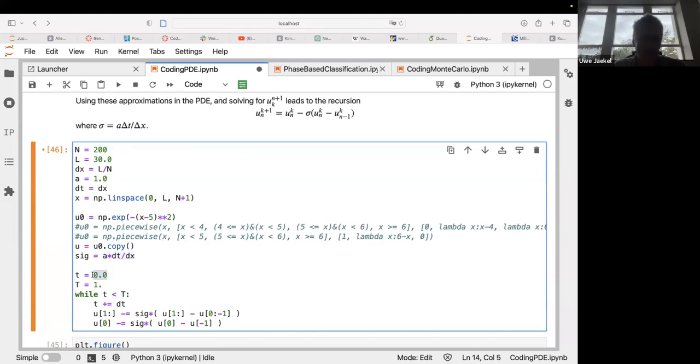We start at time 0, and this u0 is the initial condition. So we start with the peak at position 5. This will be a Gauss function, and then we see what will happen. We will evolve in time until we have reached the time 1. So we set the timer at time 0, and now we start with the iterations.